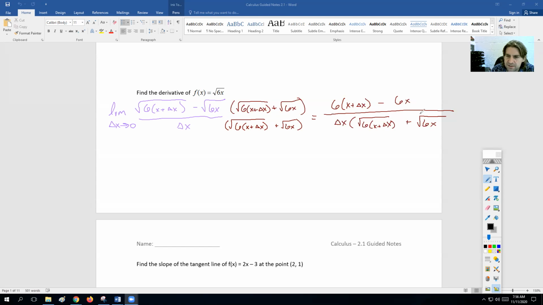We can probably see what's going to happen here: if I distribute the 6, I'd get a 6x minus 6x, which would go away. I just have a 6 delta x on the top, and then at the bottom we have this crazy expression, delta x times the conjugate.